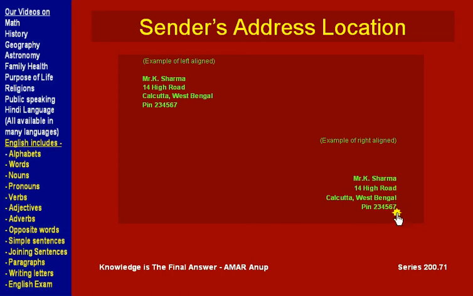And this type of address aligned to the right margin is written in countries like India and the United Kingdom. So just to show you the difference between the two types of where the addresses are written, and this is an example of an individual writing to a company, so there is no designation, no company name, etc.